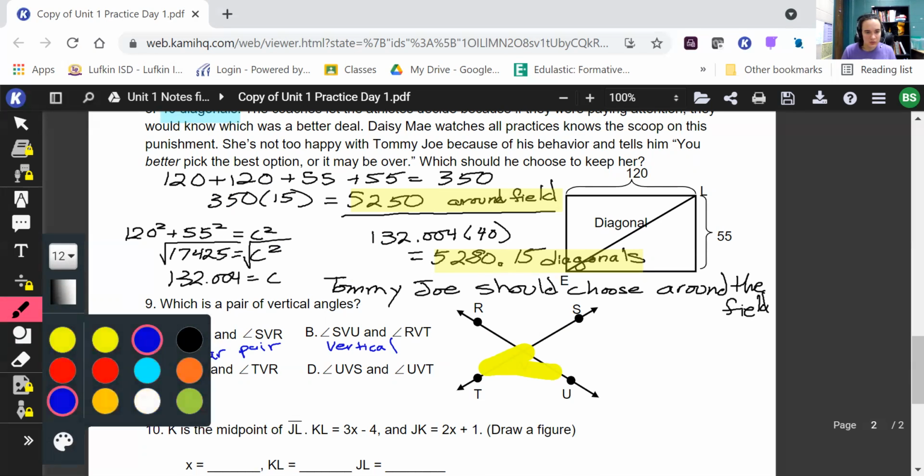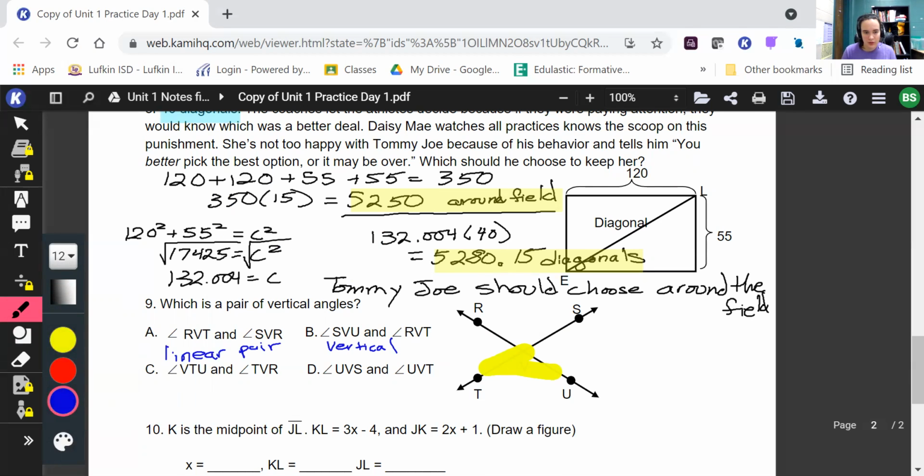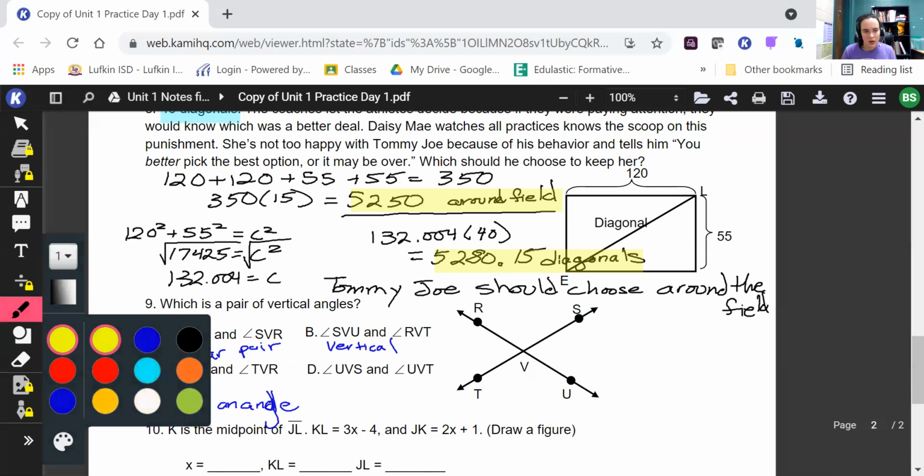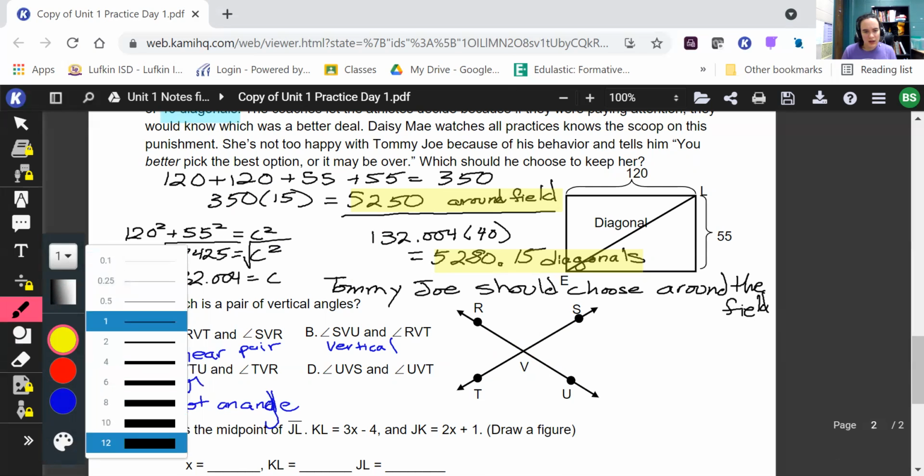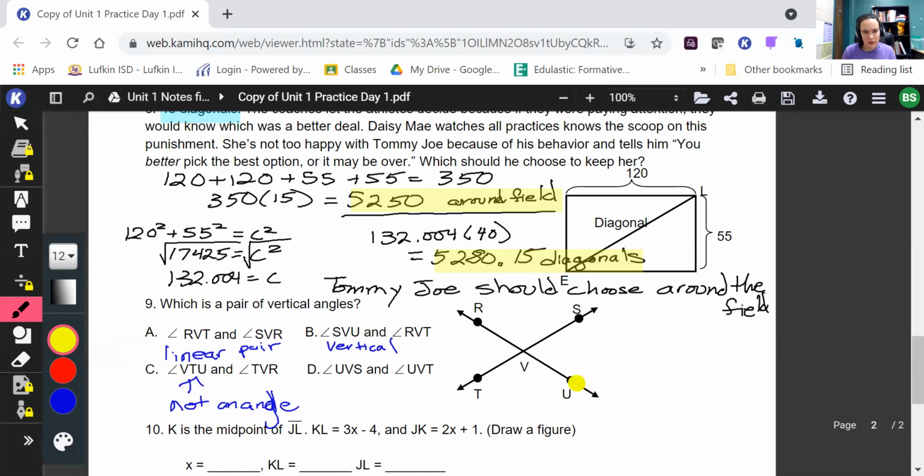So it's not an option. Then we're looking at angle UVS and angle UVT.